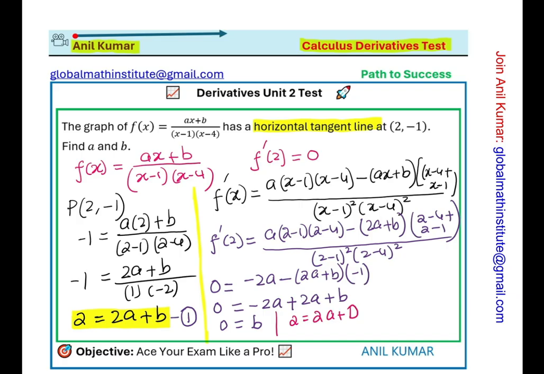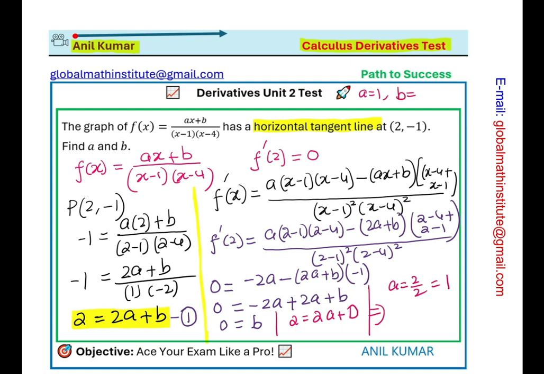So dividing, we get from here a equals 2 divided by 2, which is 1. So we got both the values. So a is 1 and b is equal to 0, right? So for this condition, we got a equals 1 and b equals 0. Is that clear to you? That is how we are going to solve this particular problem.